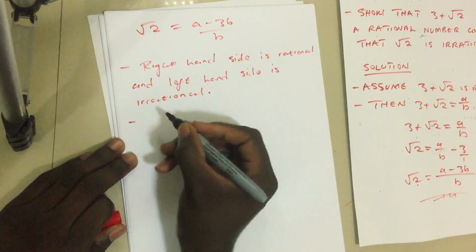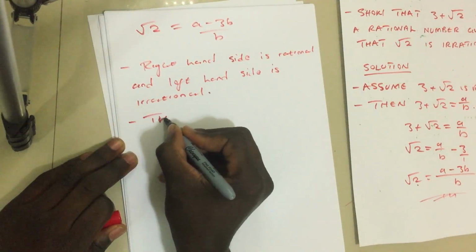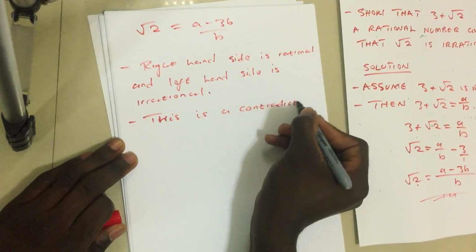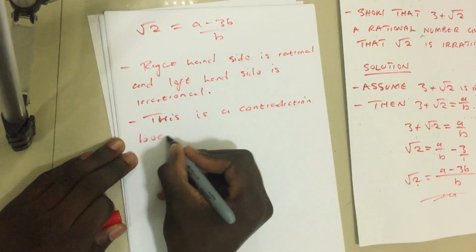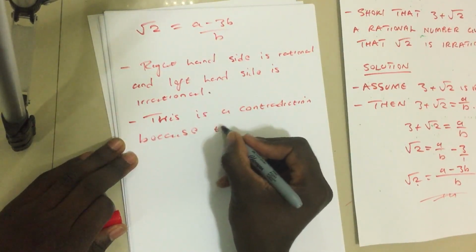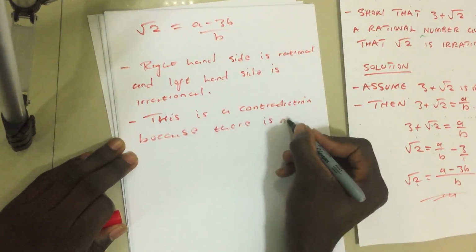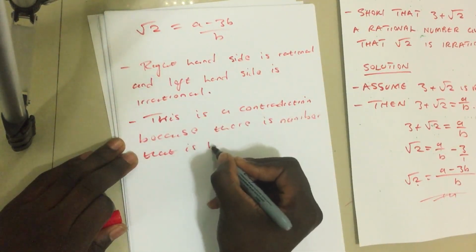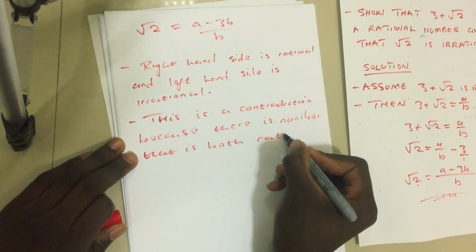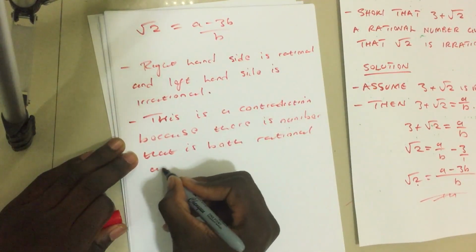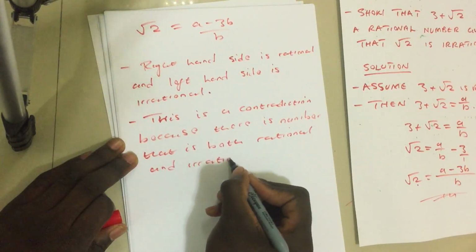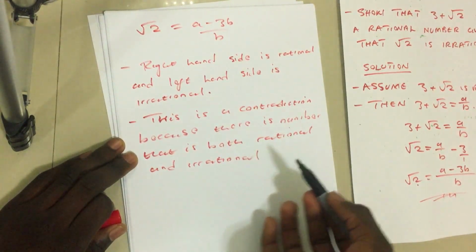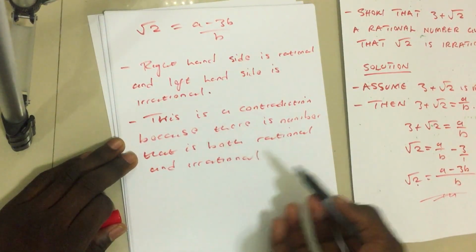So we can say this is a contradiction because there is no number that is both rational and irrational. Yeah, so this contradiction just says that there's no number that is both rational and irrational. That's what the contradiction is here.